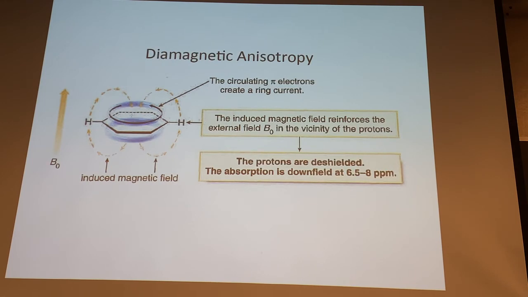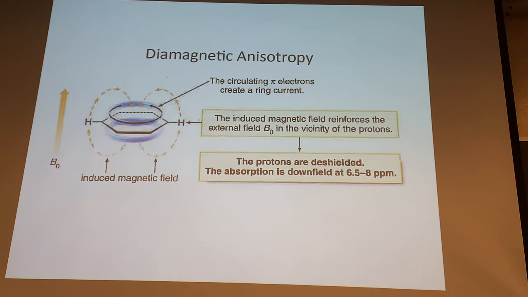And perpendicular to that electrical field, which is circular, you have this toroidal magnetic field that's created by the molecule. So these hydrogens within the molecule feel the combination of the external magnetic field, this is your big magnetic field of your spectrometer, and here's our little magnetic field created by this ring current of electrons, okay?